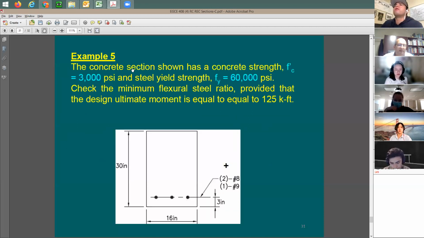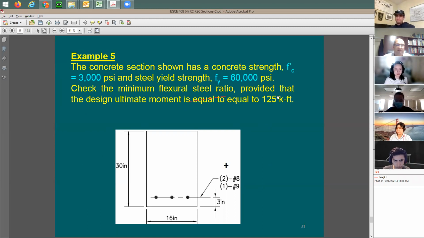Now let's see what happened here in the last example in the slide set. This looks like to be exactly the same beam. Same concrete strength, same yield strength. It says, check the minimum flexure steel ratio provided that the design ultimate moment is just equal to 125 kip-foot.